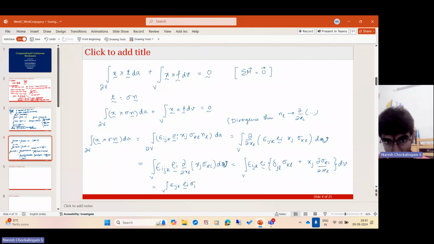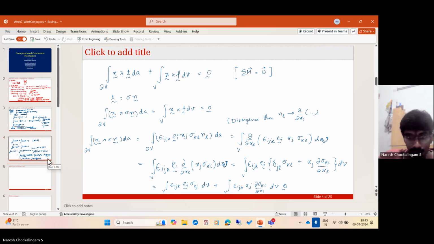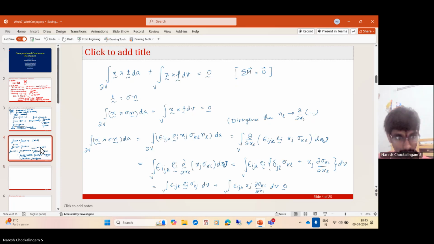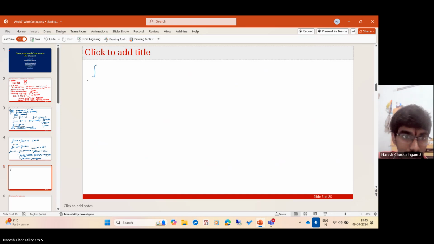So you get sigma kj dV, plus the integral over V of epsilon ijk xj partial sigma kl by partial xl dV, and there's an ei everywhere. So the left-hand side is this.